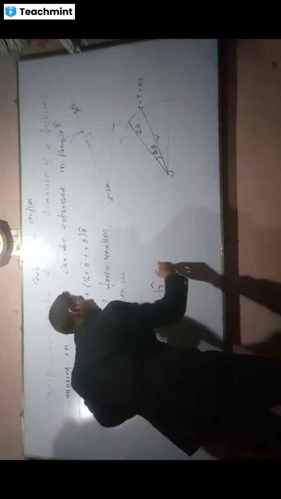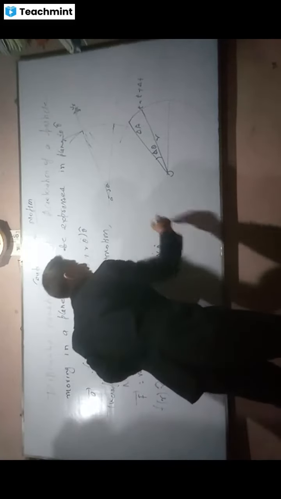Therefore F r unit vector equals m times r double dot minus r theta dot square, r unit vector, plus 2 r dot theta dot plus r theta double dot, theta unit vector.